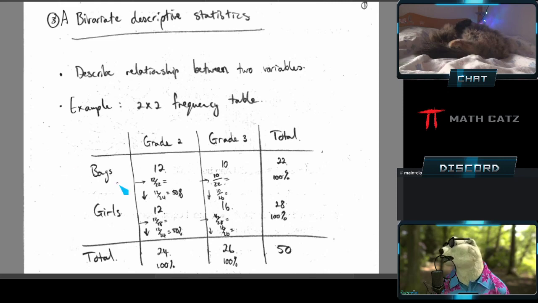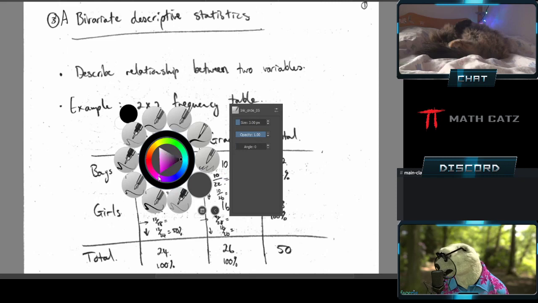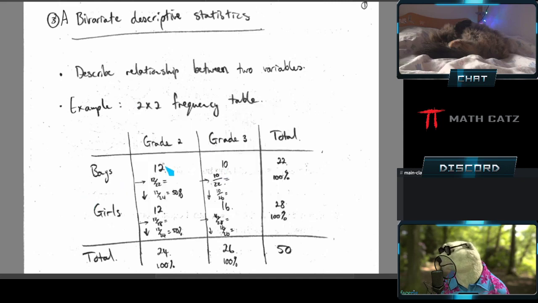Now, I just made up some numbers. Let's suppose there are 12 boys in grade 2, there are 10 boys in grade 3, there are 12 girls in grade 2, and 16 girls in grade 3. These 2 by 2 frequency tables are so pretty. Let me pick a color, maybe purple.